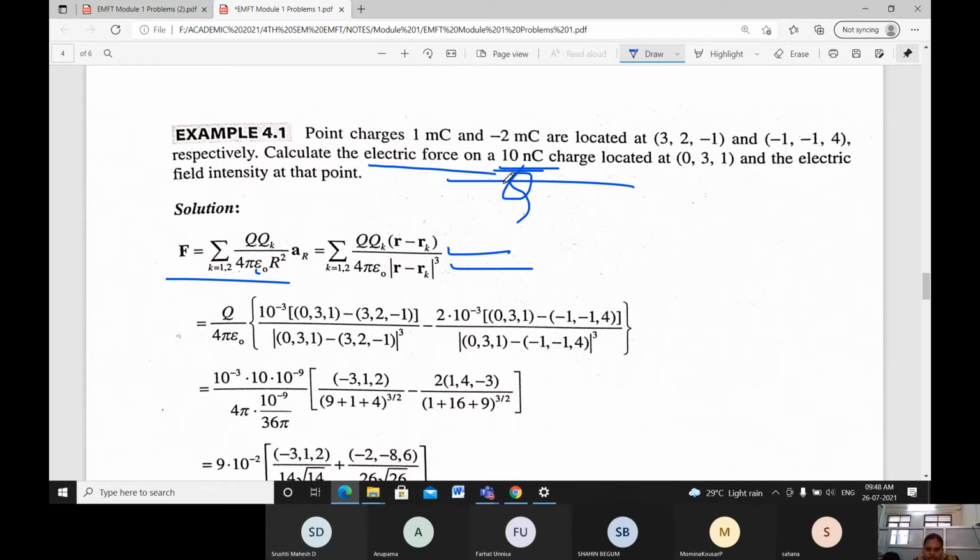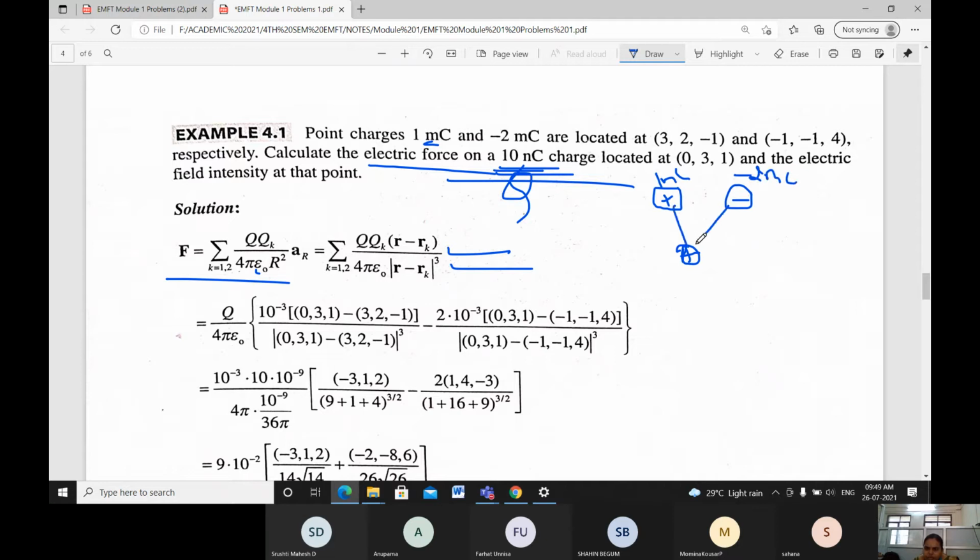Q is a constant because we are finding the force for the 10 nanocoulomb charge. Therefore Q divided by 4 pi epsilon naught is a constant value. Here, one charge is 1 millicoulomb, positive, and one more is a negative charge, minus 2 millicoulombs.